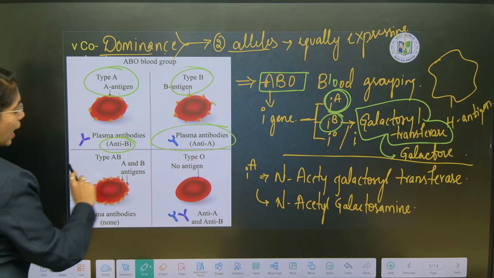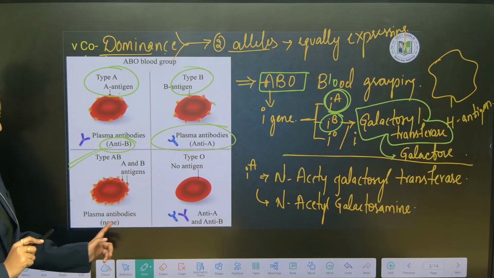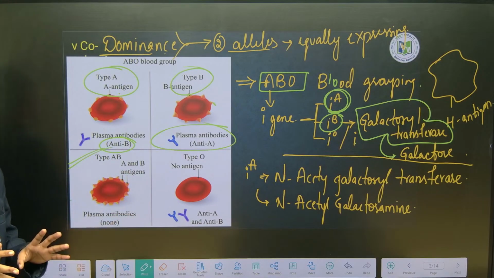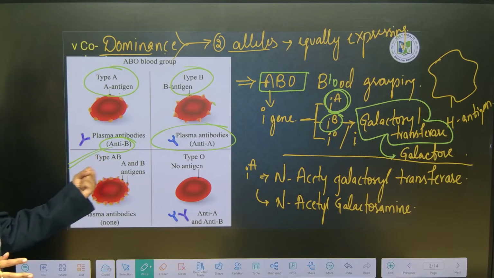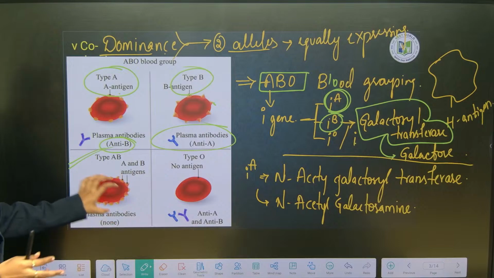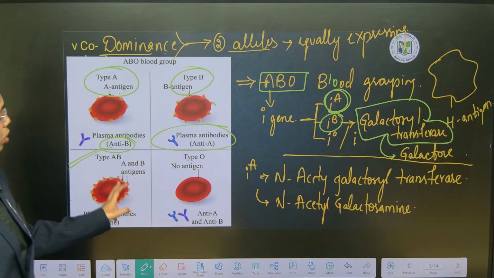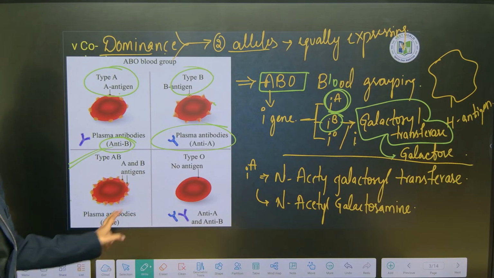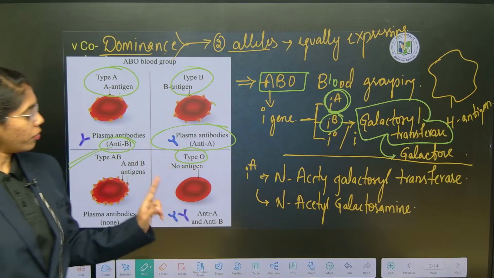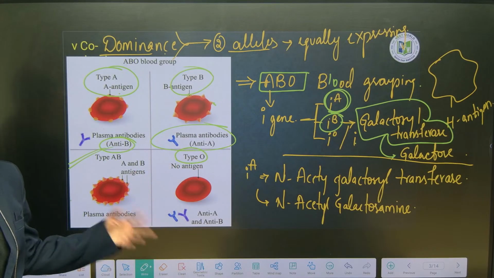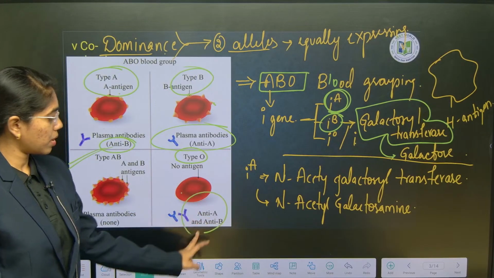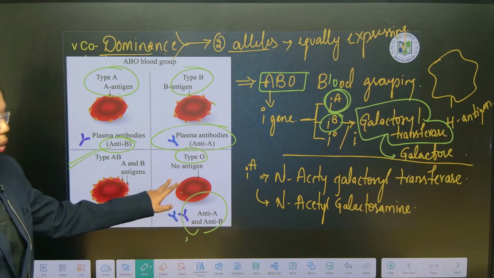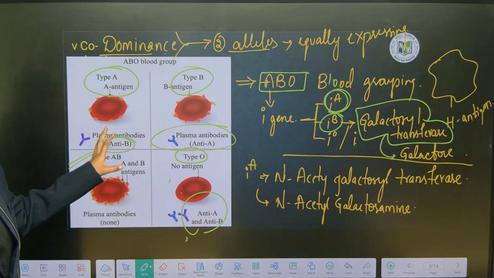If you consider AB blood group, they will not have any antibodies, because both the alleles A and B will show their phenotype. So over this RBC membrane you can see both the sugars A and B. Here you see O type of blood group, they will not have any antigen. So anti-A and anti-B both antibodies are present for O type of blood group. You are clear on this note, right?